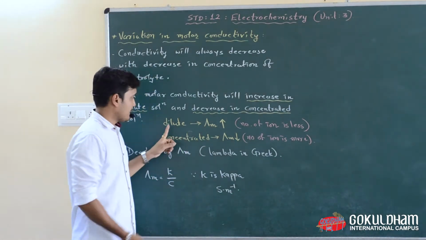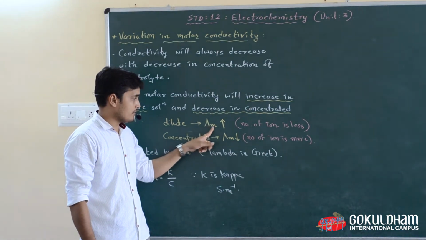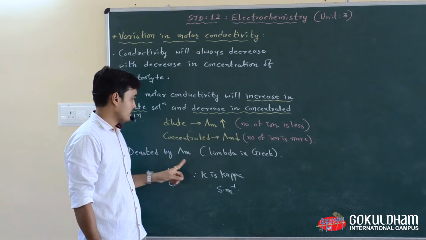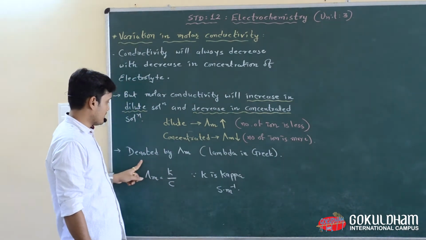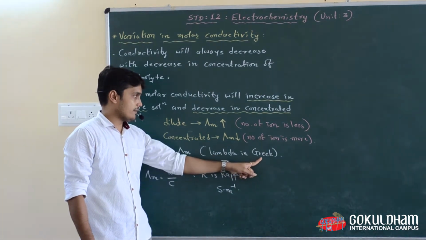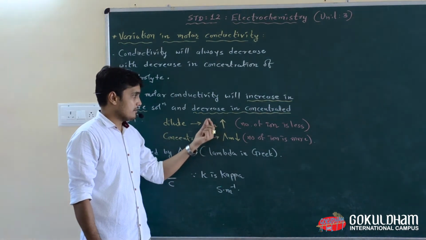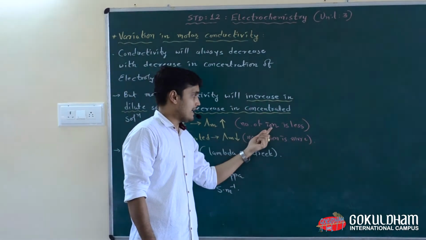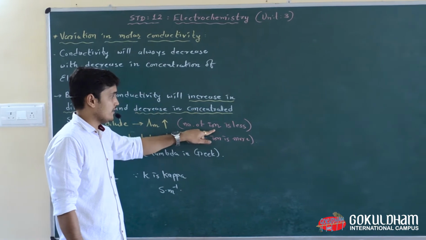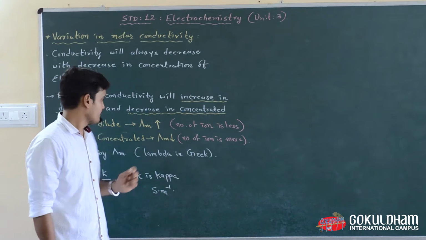This is the symbol of molar conductivity, we read it as lambda m. Lambda is a Greek letter. So in dilute solution, lambda m is increased because the number of ions is less in the solution. That means the density of ions is very low in the electrolytic solution.